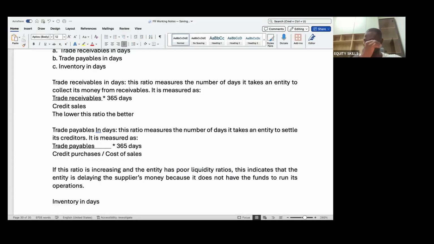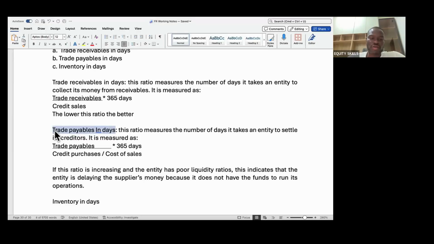But at the same time, it's a function of if you have money. If you have not sold, there's no way you can pay your supplier. So it's a function of how fast you're able to sell.